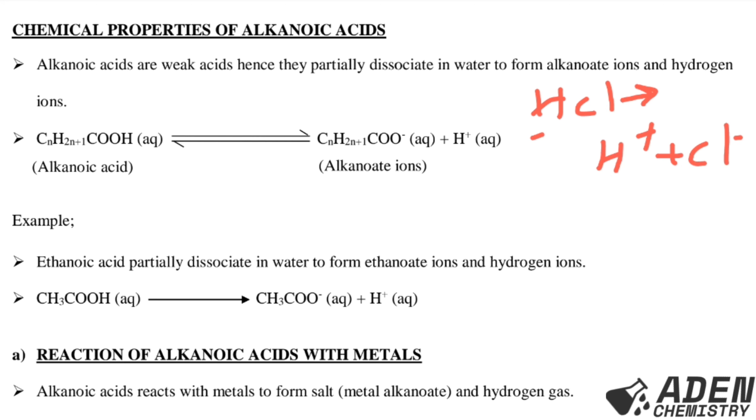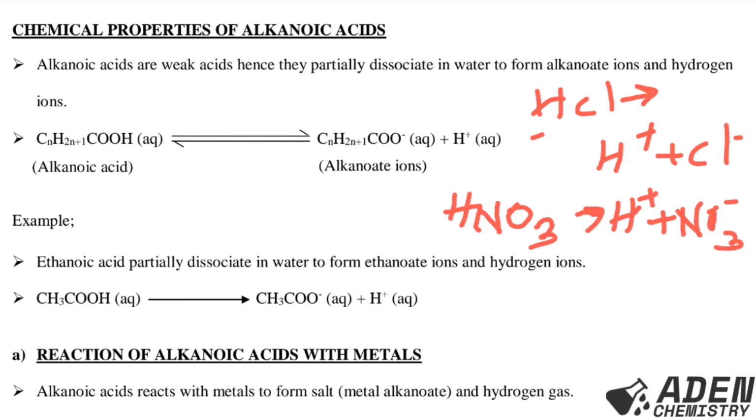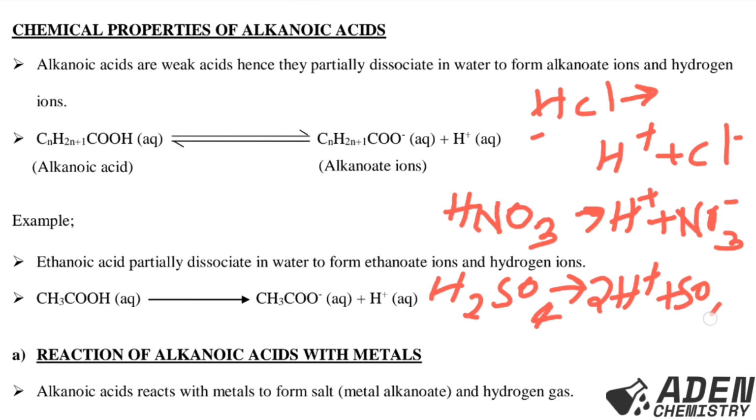If we talk about nitric acid, HNO3, when it dissociates in water, it forms hydrogen ions and also nitrate ions. If we have sulfuric acid, which is written H2SO4, when it dissociates, we produce two hydrogen ions and also the sulfate ion. What does this mean? This means that all acids have hydrogen ions as the only positively charged ions.